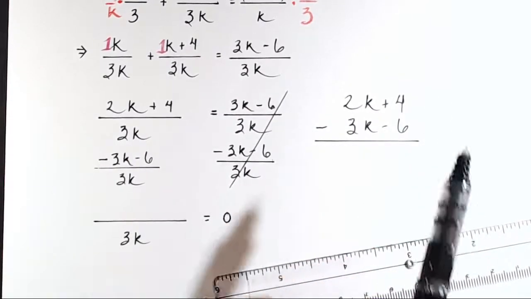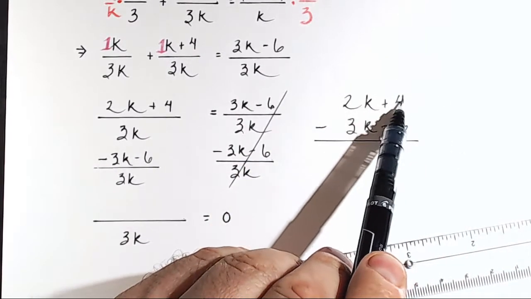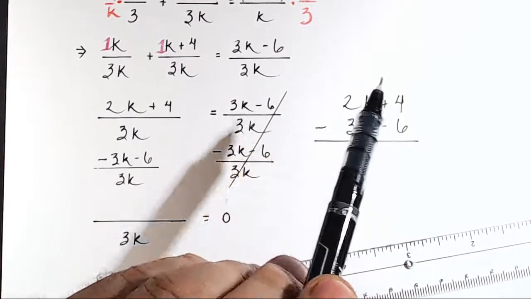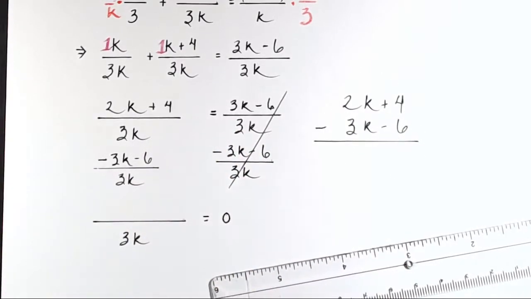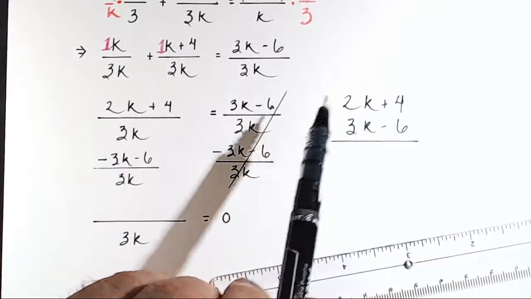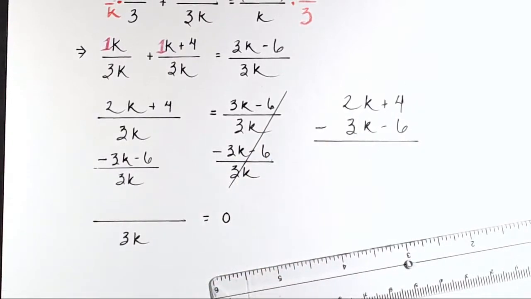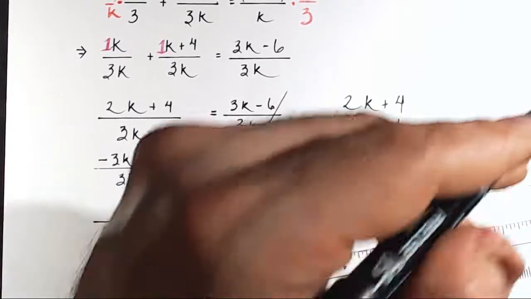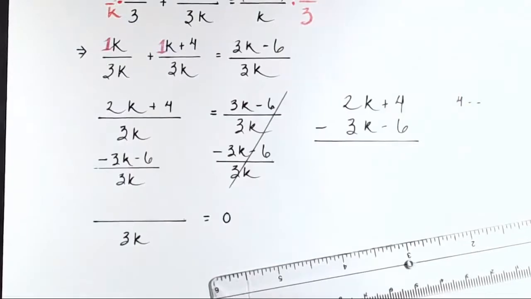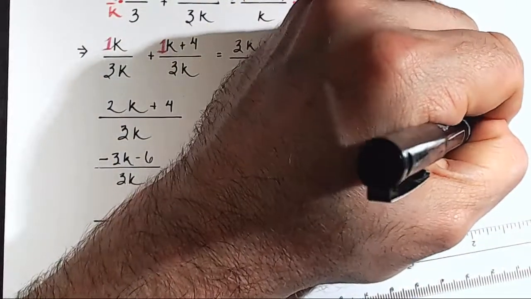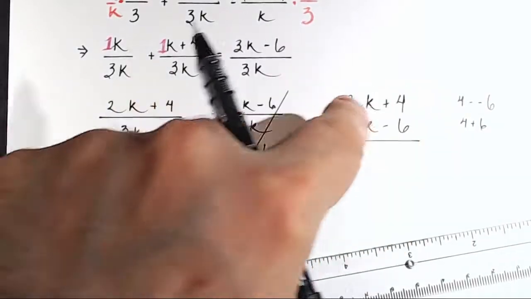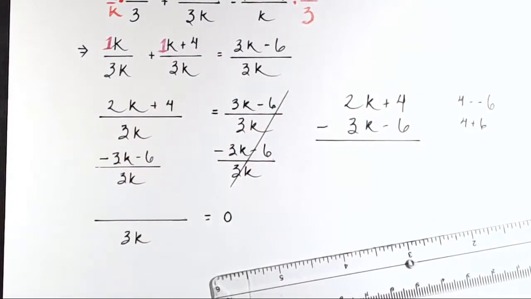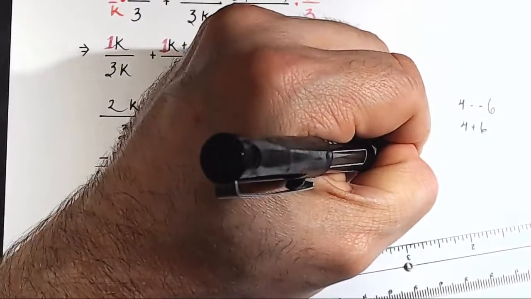So follow the pen. 4 minus negative 6. I'm going to say it again. 4 minus negative 6. So look over here, I've got 4 minus minus 6. That's the same thing as saying 4 plus 6. So 4 minus negative 6 is positive 10.